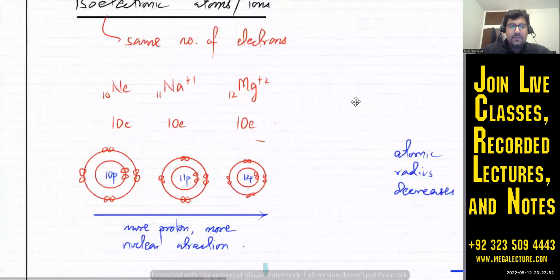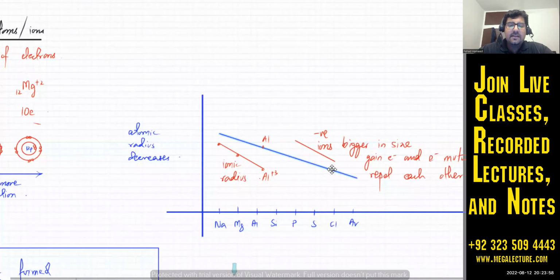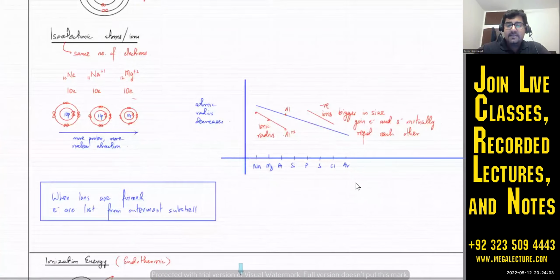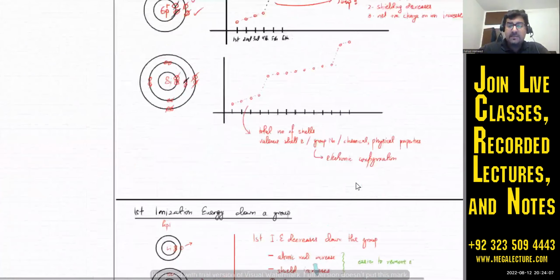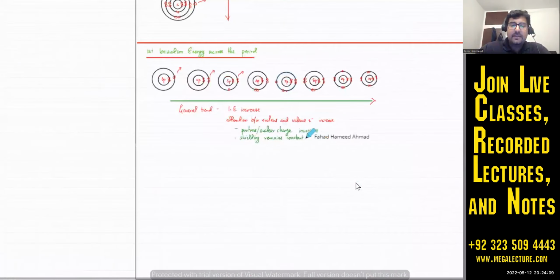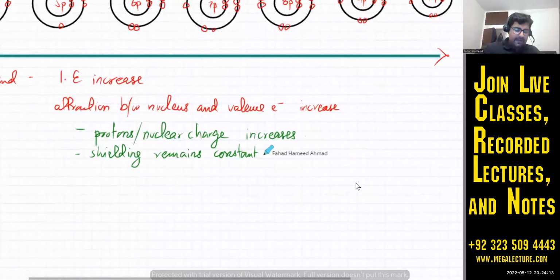I told you that when you move across the period, the atomic radius slightly decreases as you move to the right. It's not a major decrease, just a slight decrease. More protons, the shells are the same, so there's more attraction. So the third factor, which plays a small role, is that the atomic radius slightly decreases as you move across the period.